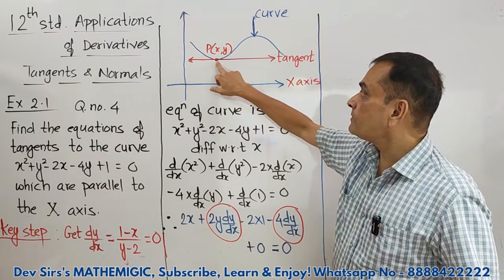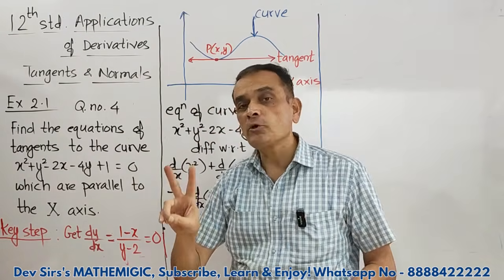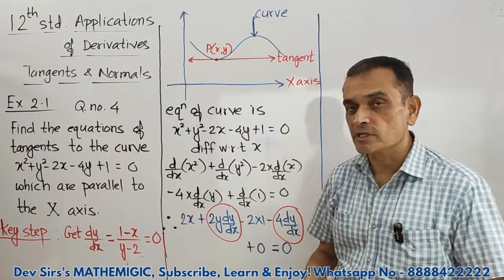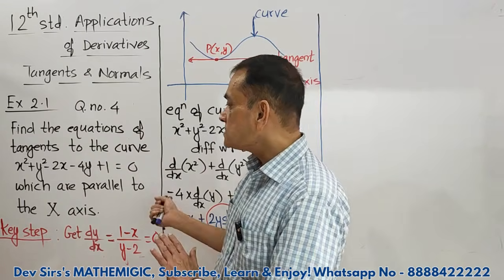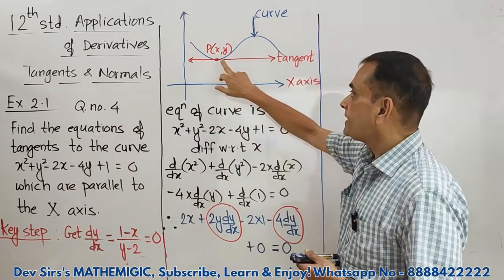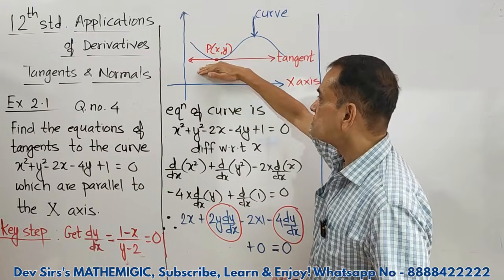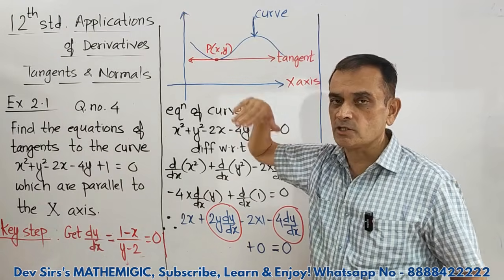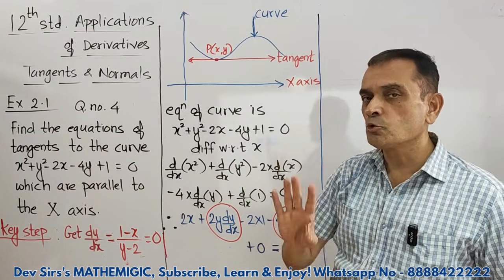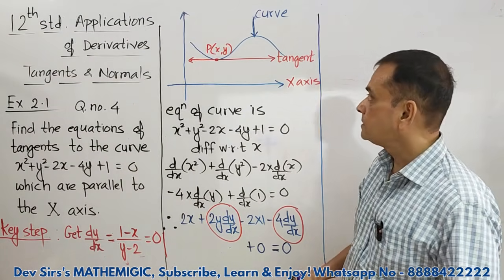One point will be here, and one point will be somewhere over here, so there will be two tangents. That is why it asks for equations of tangents, meaning two points of contact, one here and one here, different. For case 1 there is one tangent, for case 2 a different tangent. So there are two answers. That is the question asked.